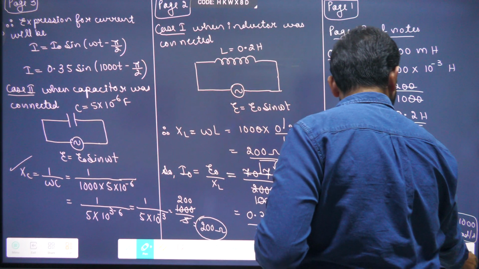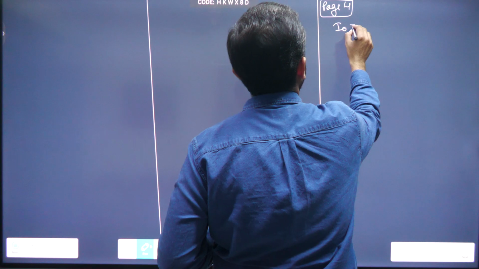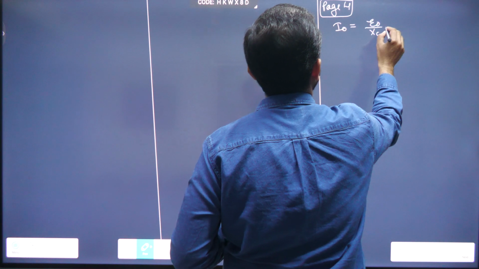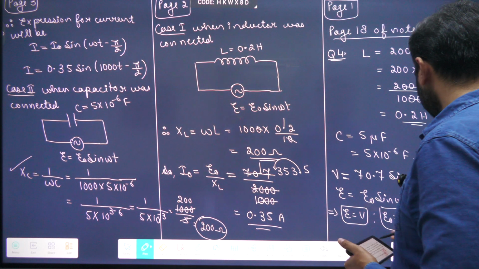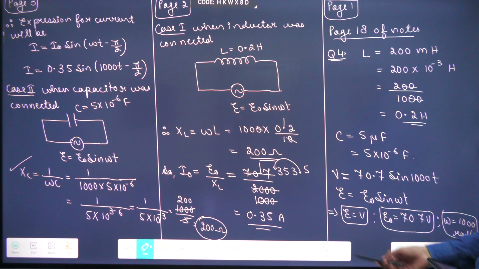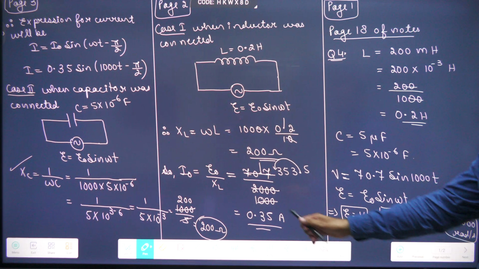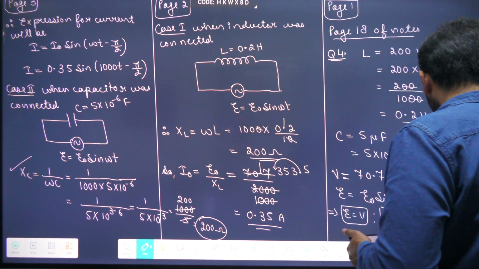In this case, I naught is equal to E naught upon XC. What is E naught here? E naught is 70.7, and XC is 200.